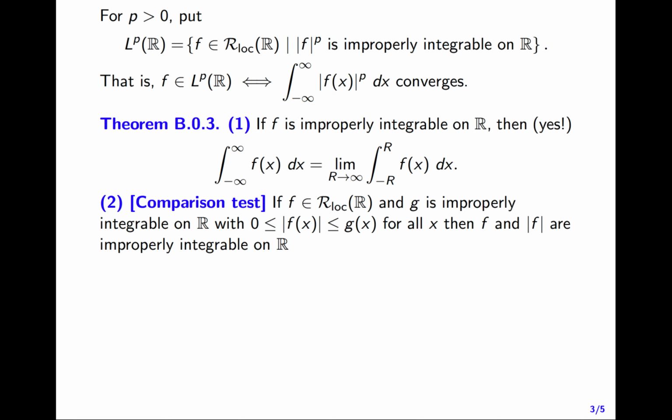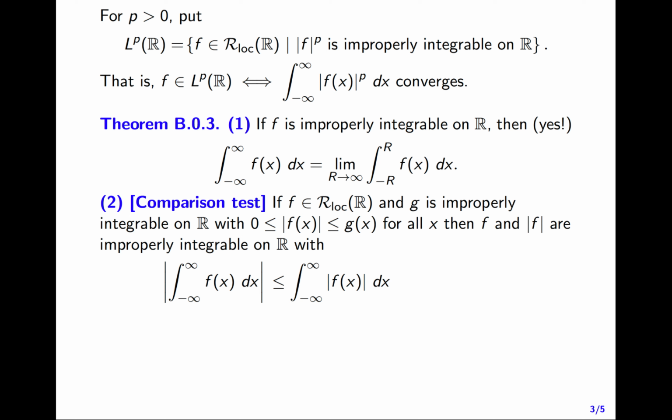Then both the functions f and modulus of f are improperly integrable on R, and you have the following chain of inequalities. The modulus of the improper integral from minus infinity to infinity of f is less than or equal to the integral from minus infinity to infinity of the modulus of f. So first, I was able to pop the modulus inside the integral.